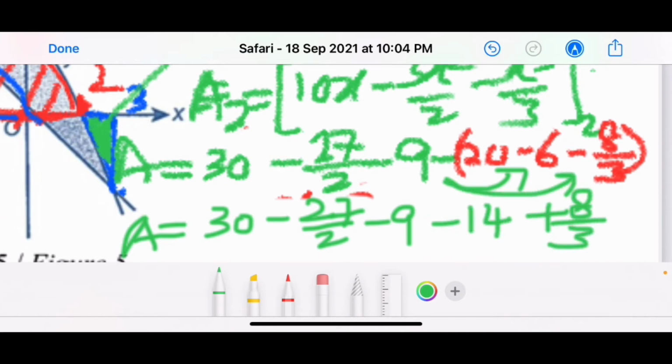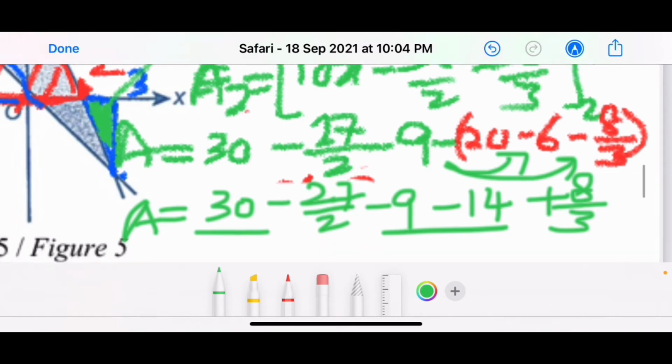Now let's press into the calculator. 30 minus 23, we get 7. 7 minus 27 over 2, and then we plus 8 over 3.